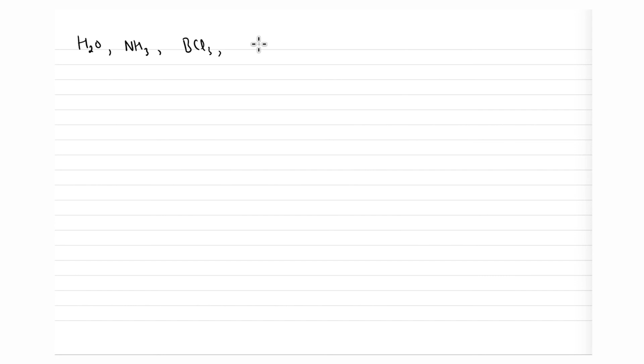BCl3, then you have CH4, CH3Cl, CH2Cl2, then let's say C6H6 benzene, then you have PF5.